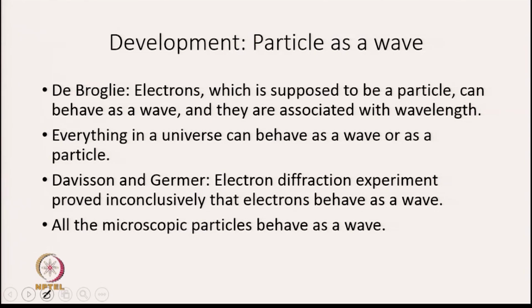He thought that if light, which is a kind of wave, can behave as a particle, particle also should behave as a wave. This is basically the work of his PhD theory, and you will be surprised that de Broglie got Nobel Prize for his PhD work.